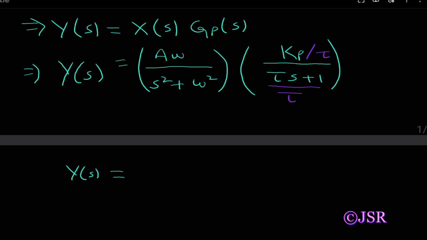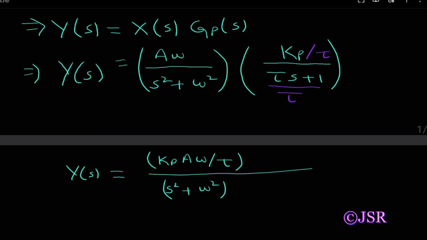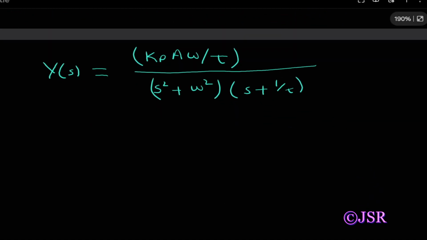So finally we can write y of s equal to Kp a omega by tau upon s square plus omega square and then s plus 1 by tau.